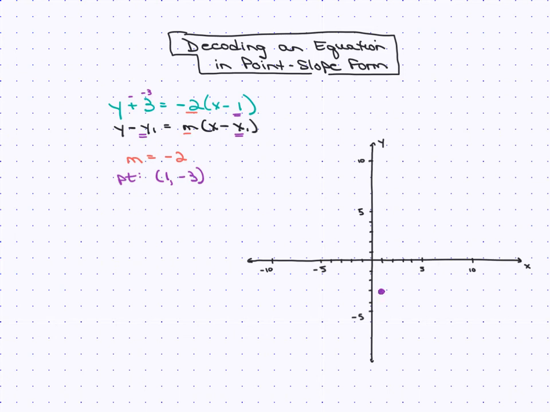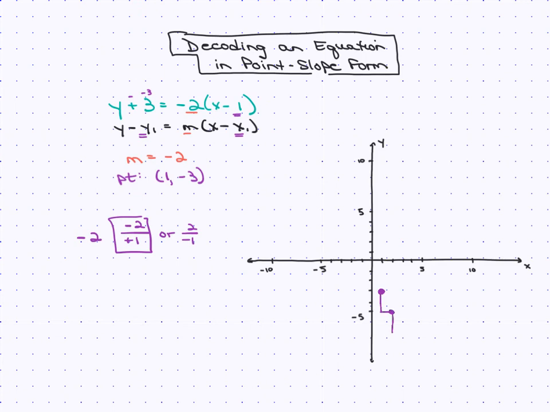And now I can use my slope to walk this graph. So if my slope is -2, I can think of that as -2 over +1 or +2 over -1. So if I start with this, that means -2, I'm going to go down 2 units, +1 to the right 1 unit.